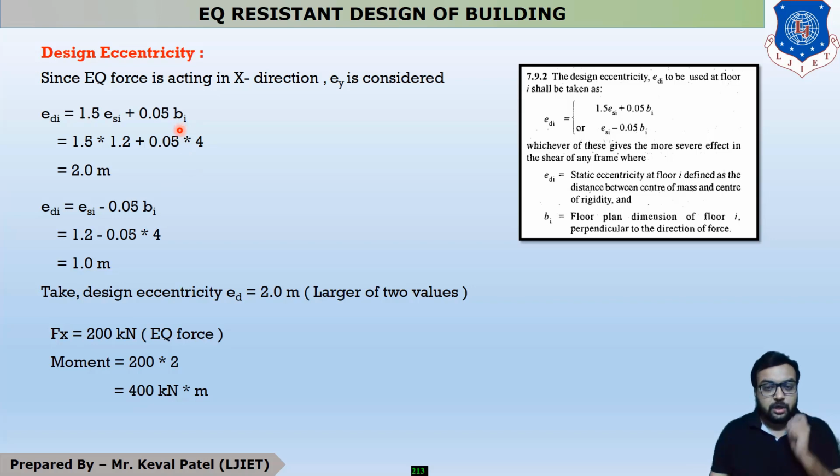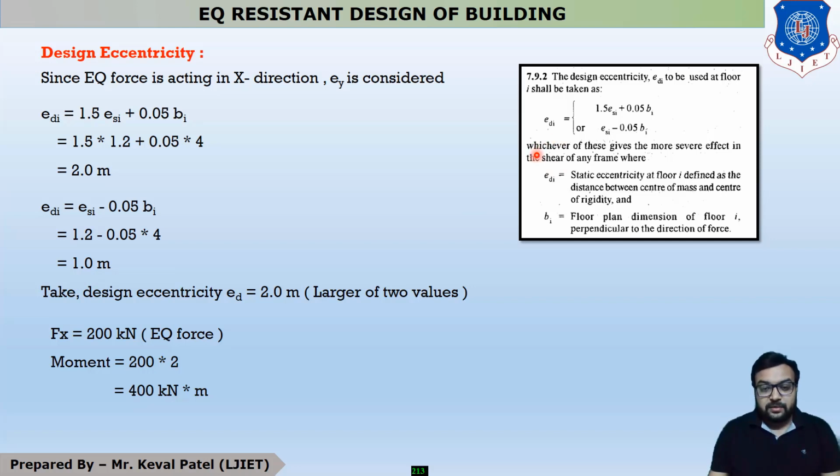After calculating all these values, our EDI is 2 meters. The second equation is ESI minus 0.05 BI. The value of ESI is plus 1.2, minus 0.05 into the value of BI, which is 4. After putting in all these values, we get our answers: the first is 2 and the second is 1.